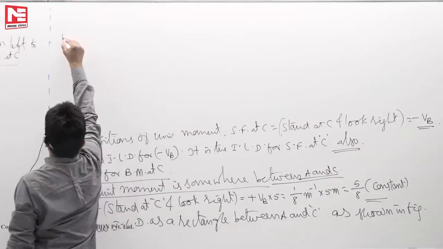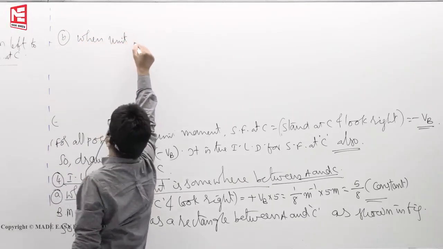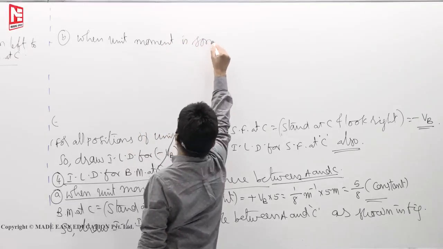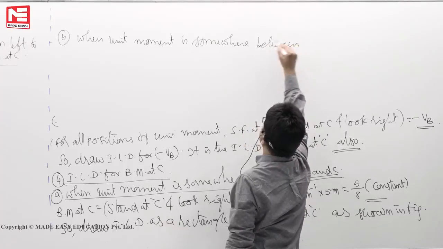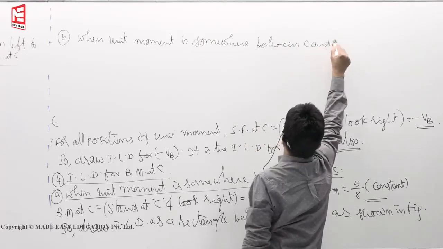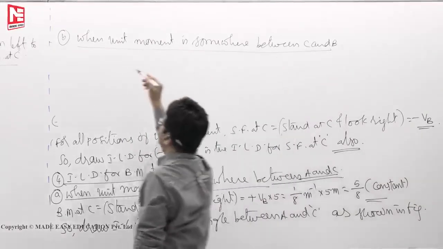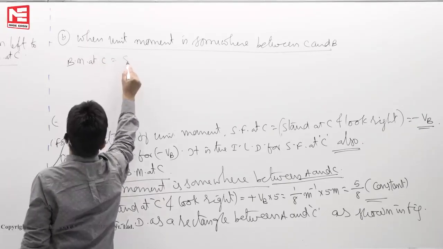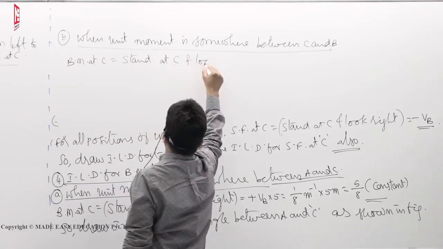This is what I said. When the unit moment is somewhere between C and B, now the bending moment at C is: stand at C and look left.